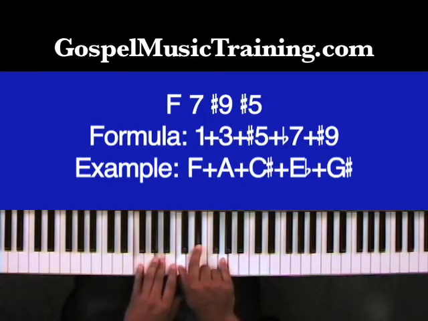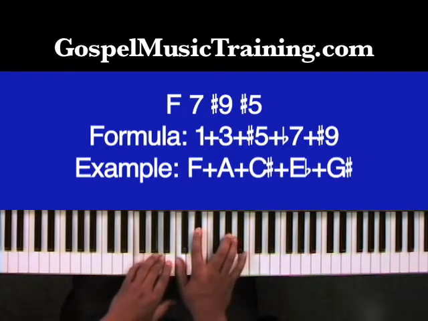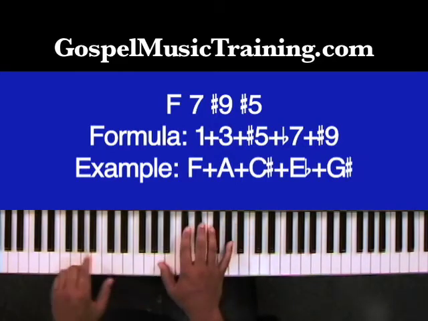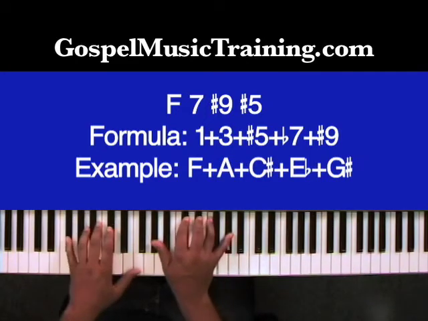So what we have to do is do what it says, sharp the 9. So we're going to sharp the 9. All right, so instead of playing G, which is the 9, we're going to play G sharp. And then we're going to sharp the 5 too as well, which is C. So now we have this chord, and it's used the same way.